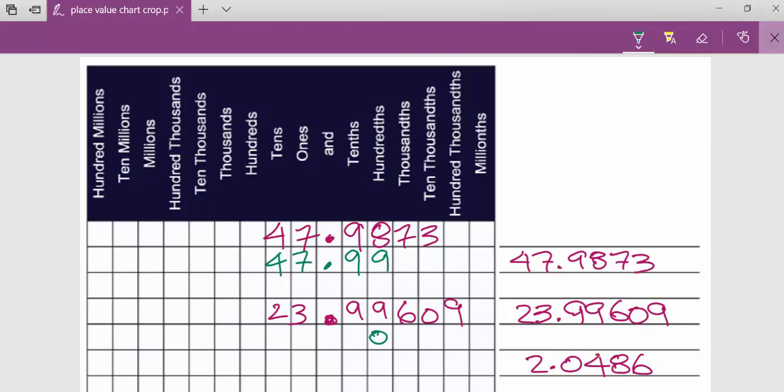Now, if that rounds up to a 0, that means this 9 rounds up to a 0. The decimal place is still there. And now the digit in the ones position rounds up to a 4. But the digit in the tens position stays the same. So 23.99609, if we're asked to round it to the nearest hundredth, that rounds up to 24.00.